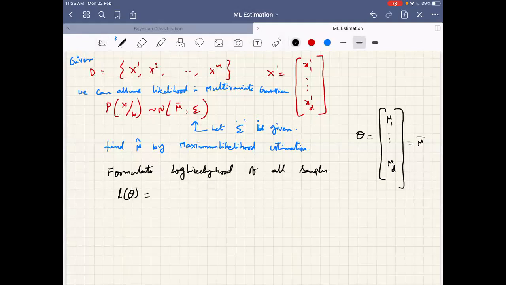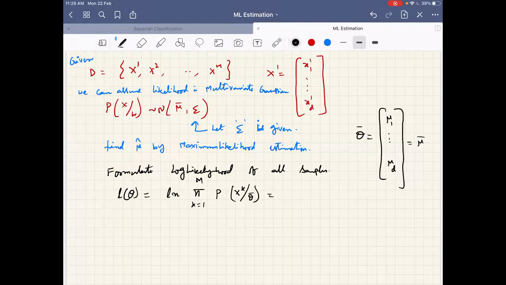So now I have to formulate the log likelihood of all samples. So what should I do? I just want to do the expansion. Max over mu of ln of the product, k equal to 1 to m, of P of xk given theta. Please note that theta is a vector, and xk is superscript because these are all samples.